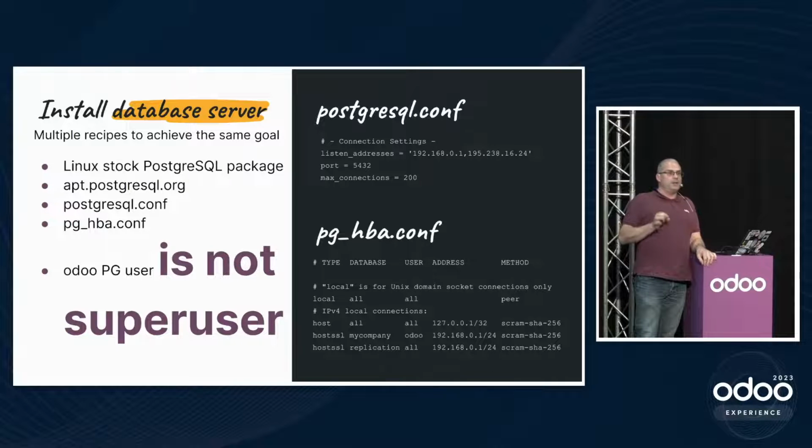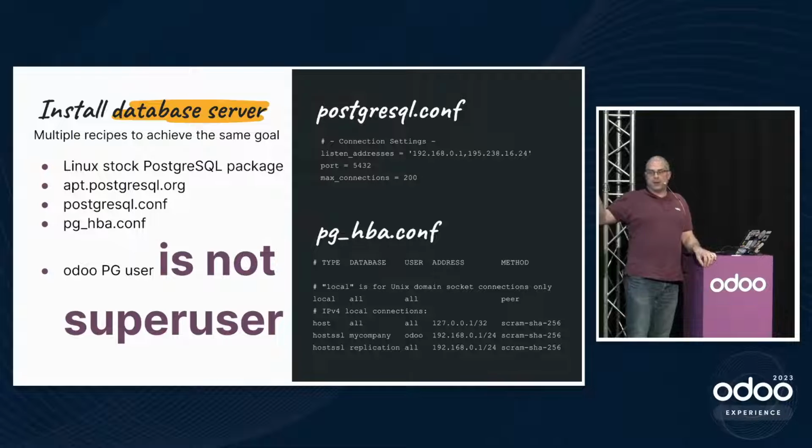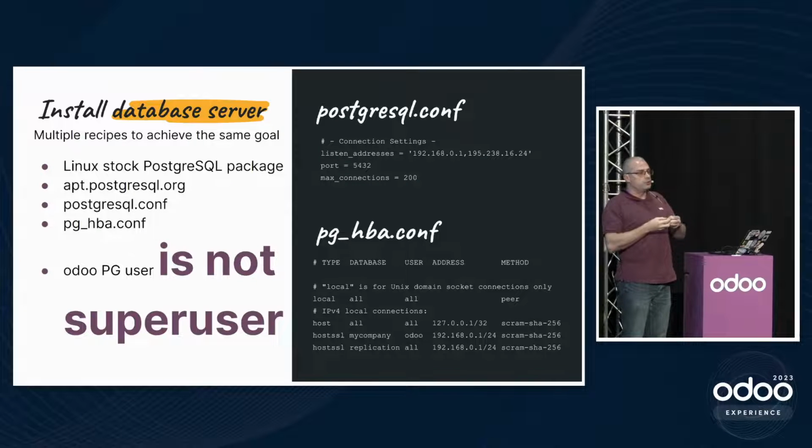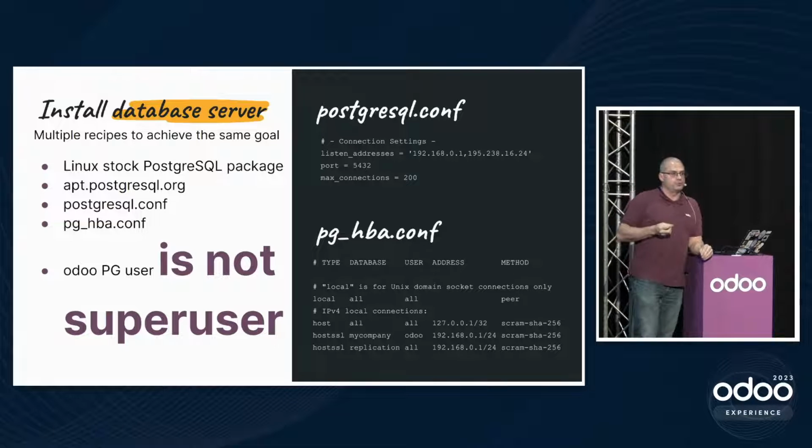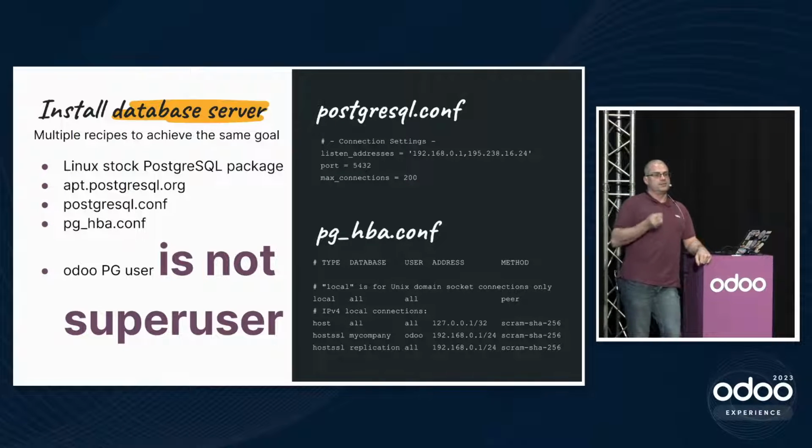You will need PostgreSQL users for Odoo to connect to the database. This user is not a superuser. It's very important. This user is not a superuser. A superuser in PostgreSQL can read all the file system and can execute any program on the system with the Postgres Unix account.